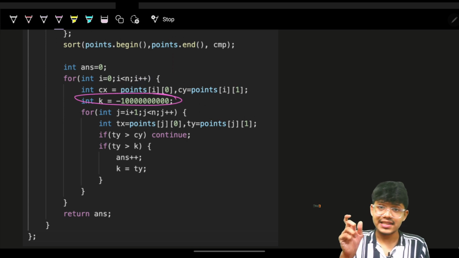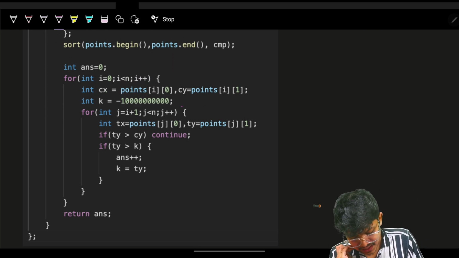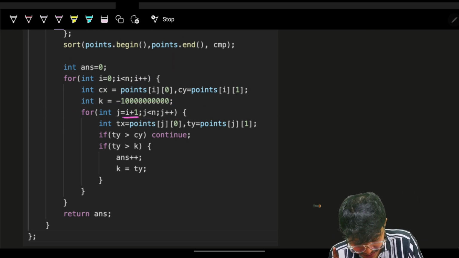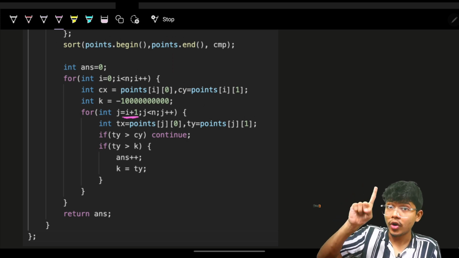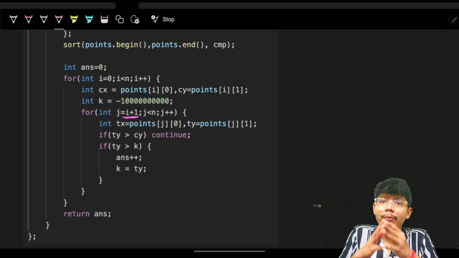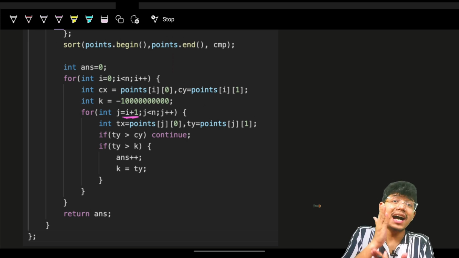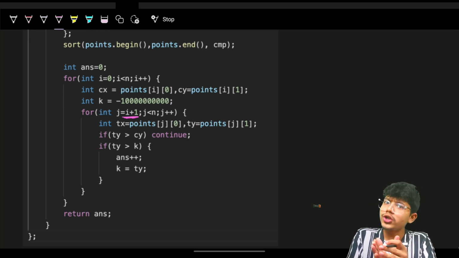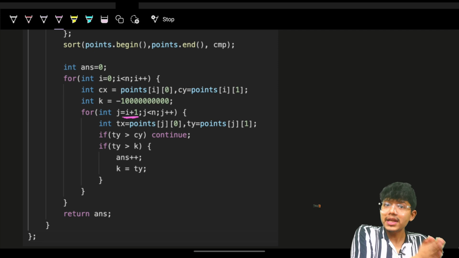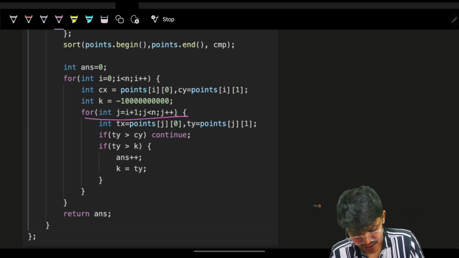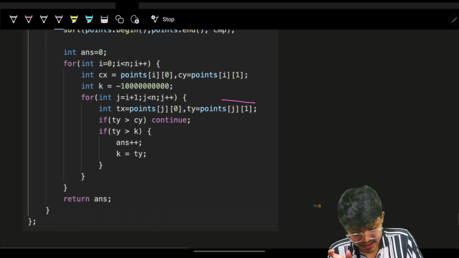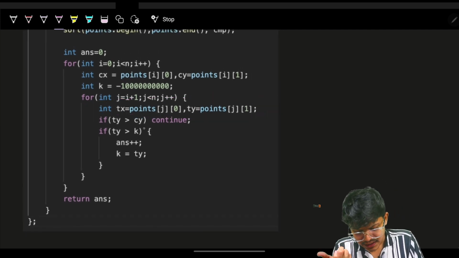By default I initialize my k to minus infinity. See, it is i plus 1. Earlier it was not i plus 1, because earlier my points were not sorted, but now my points are in sorted order. Now I know for sure all the points after me will have more x coordinates than me. So I'll just try for i plus 1, and then I will have a quick check.